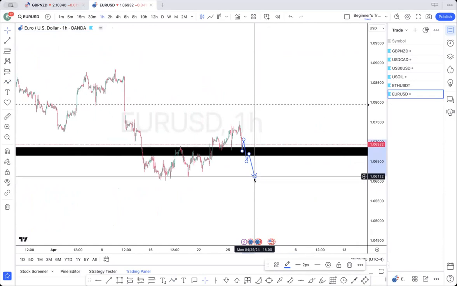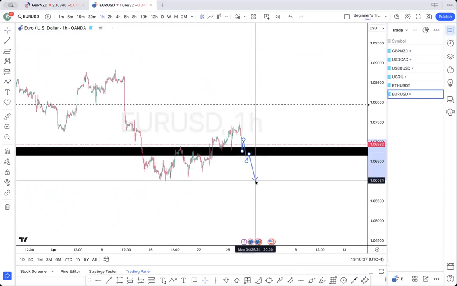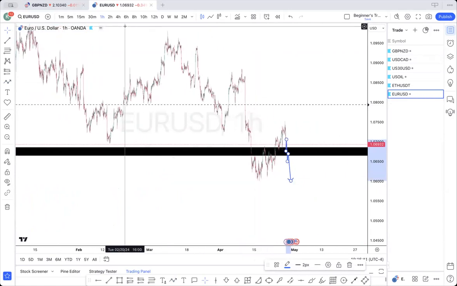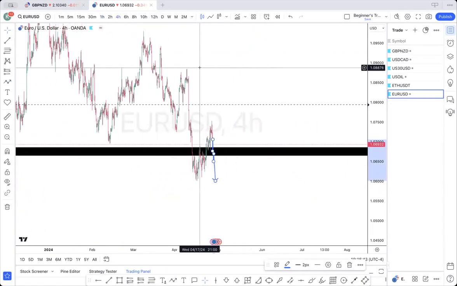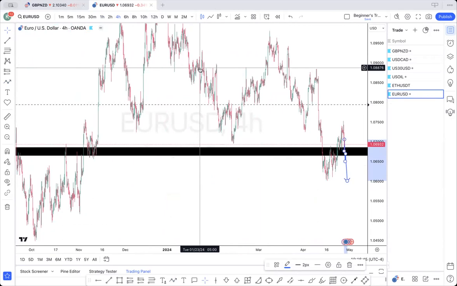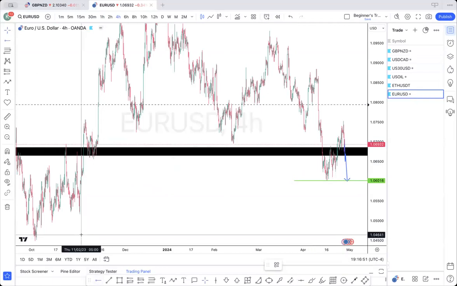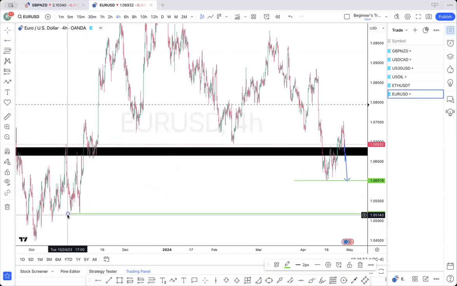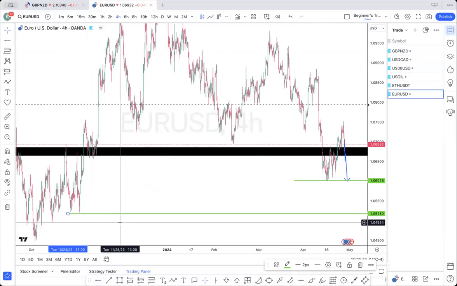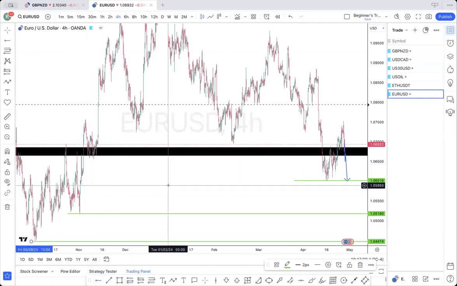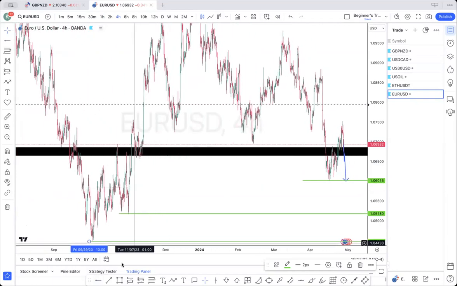Okay. And if it comes here, then where are we targeting? We're targeting these lows. We're targeting this low. We might even be targeting this low, depending on what the dollar is doing.